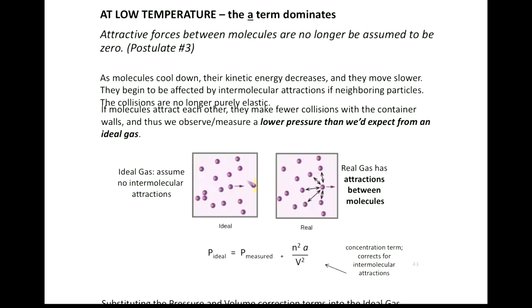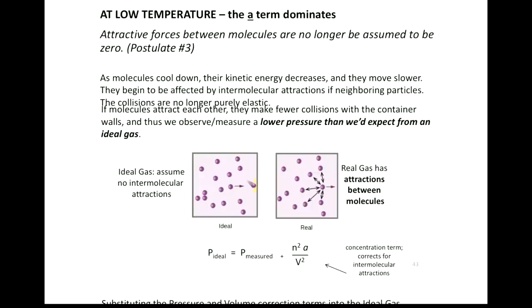So I like to think of it as, okay, we're considering the gas particles' attractions. They're still bouncing off one another, but the collisions are inelastic. When they bounce off one another, they're just kind of sticky. They stick a little bit, so they're not converting all of that energy into kinetic energy in the other direction. So the particles are sticking more to each other, and they're colliding less with the outer walls of the container.